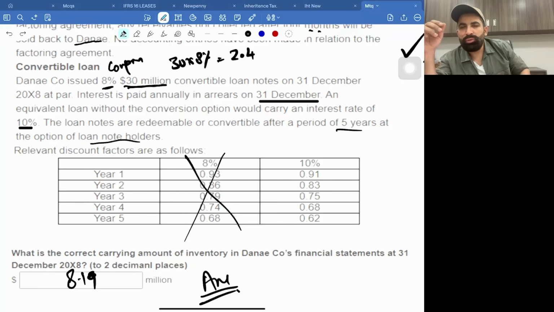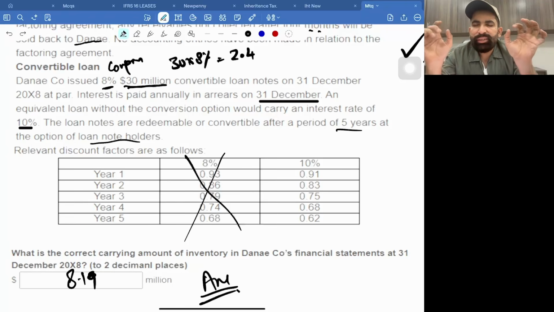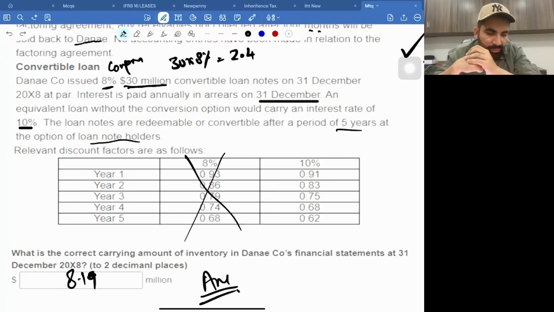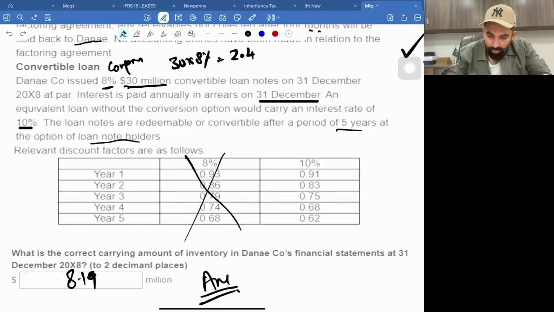How we used to do this in class? Very simple. First of all, treat the transaction as a pure loan and identify the cash flows. Plot the cash flows. So there will be 5 interest payments, and at the end of year 5 there is a principal payment.